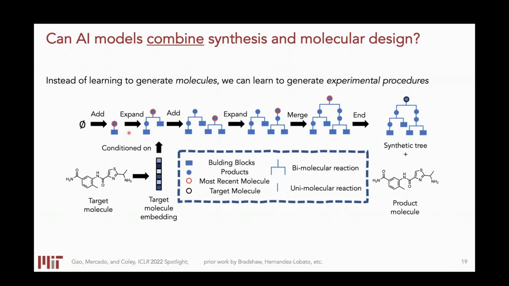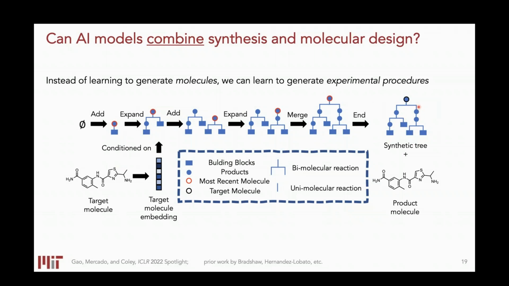And so in this particular work, we train a neural agent, a policy network, to select commercially available building blocks, select reaction transformations defined by templates that we can encode. And this agent is going to learn to stitch together a synthetic pathway from the bottom up. So we give it access to maybe 100,000 building blocks, maybe 100 reaction types, and it's going to learn how to compose a tree.